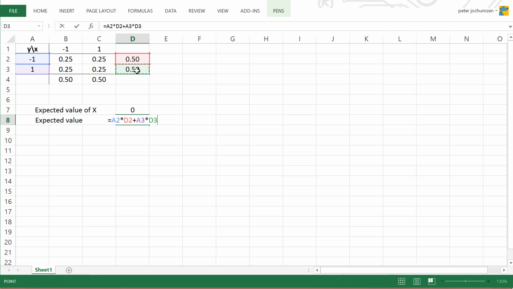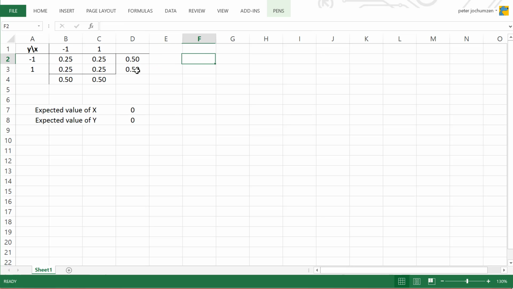So that will be 0 as well, at least the way we've set it up. But now we can also manipulate these four probabilities and change these to anything we like, as long as they sum up to 1, because one of these four cases must be the case.